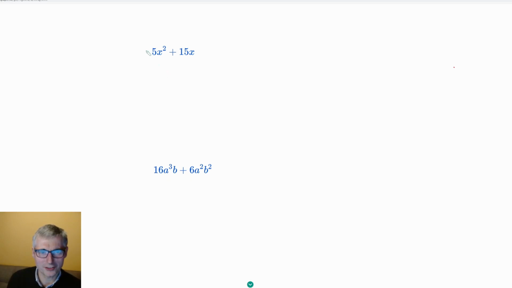Moving on to our next example, I've made this one slightly more complicated. So again, we're looking for a common factor in both parts. We could see that a 5 will go into 5, and a 5 will go into 15, so we could take out the 5 to begin with. But then we can see that there are x's in both parts as well.